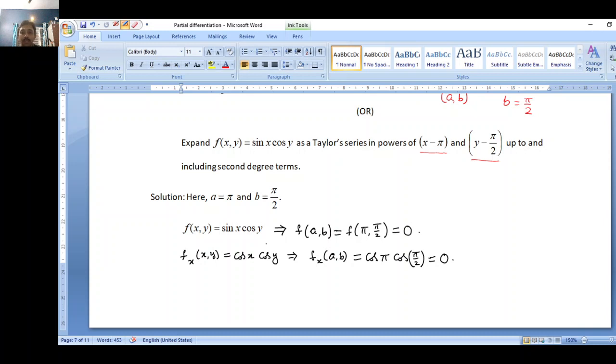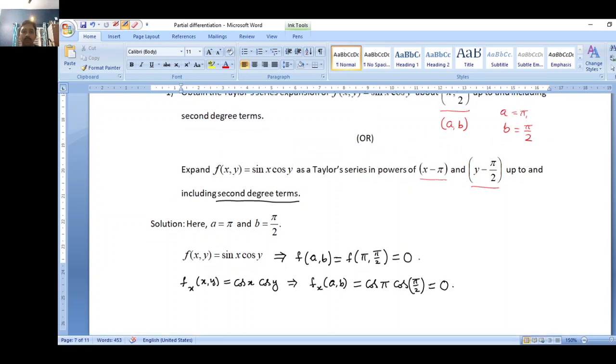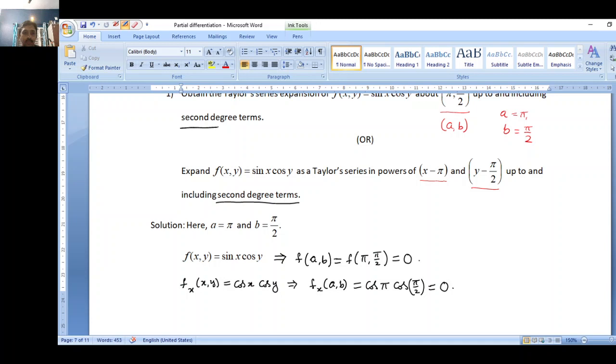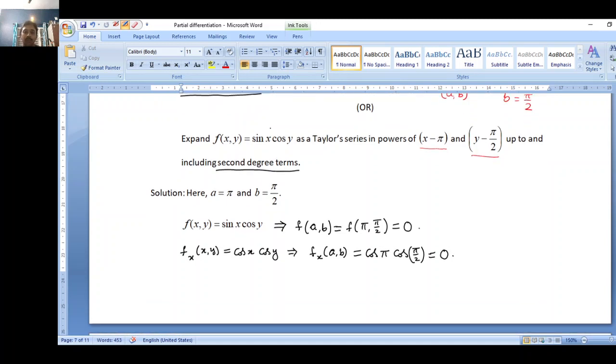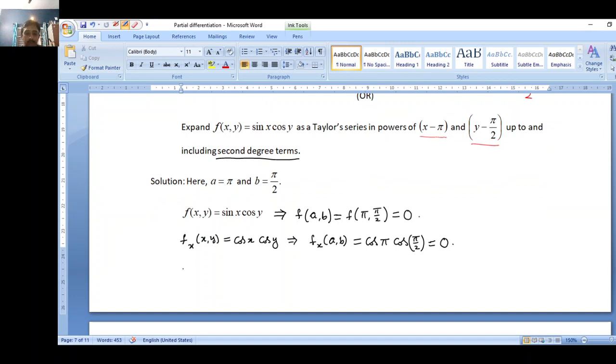Okay, so this way we have to find out all possible partial derivatives depending on the requirement. Here in the question we are told to go up to second degree terms, so we'll have to find out all possible partial derivatives up to and including second order. So I'll quickly find out all the corresponding derivatives. Fy, now what will happen when you go for fy?